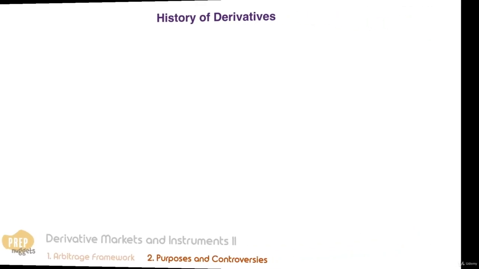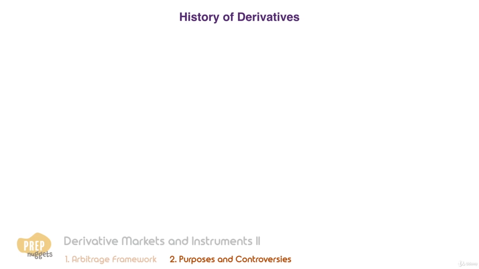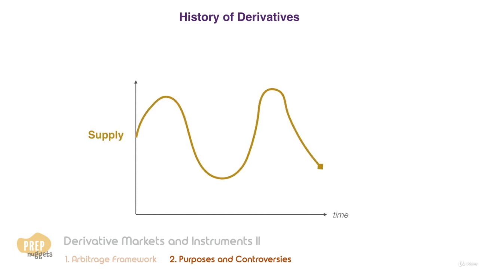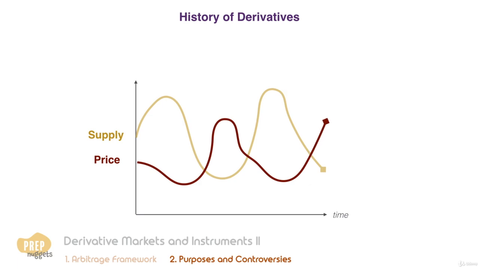Let's proceed with a discussion on the benefits that derivative markets bring to the financial markets, and also some of the criticisms levelled against them. To do so, let's begin with a lesson on how the derivative market started. In the past, seasonal produce like wheat and corn markets experienced wild fluctuations in the supply of the commodity. As such, the prices of the commodity also experienced wild swings, leading to a lot of inefficiencies.